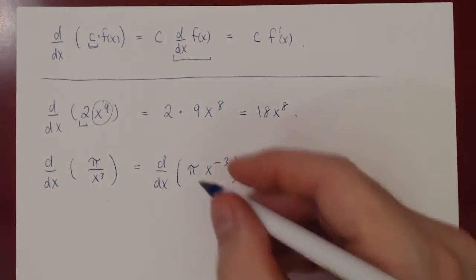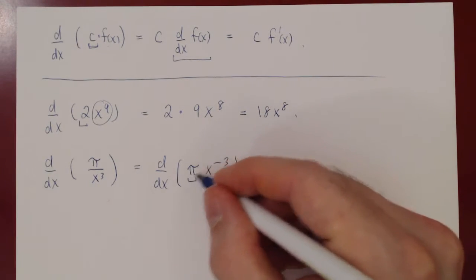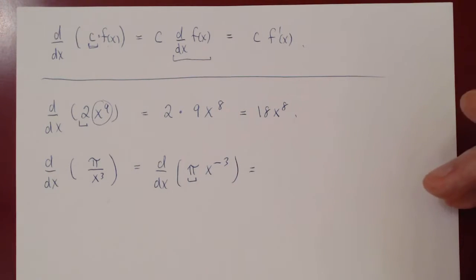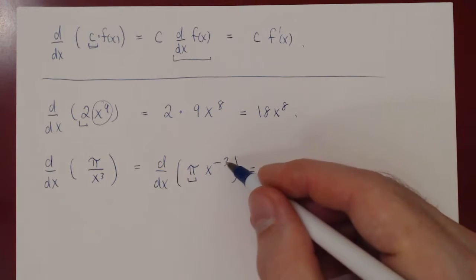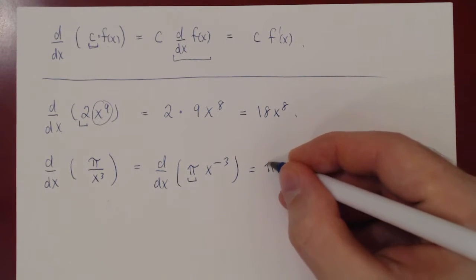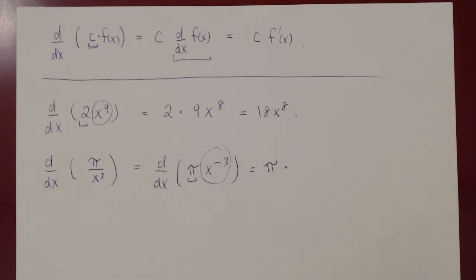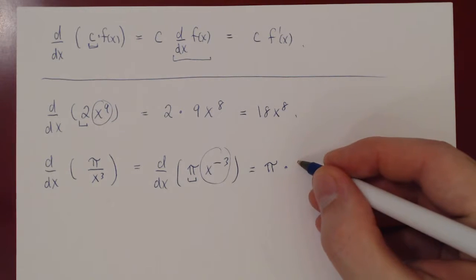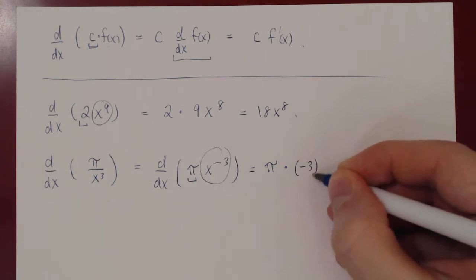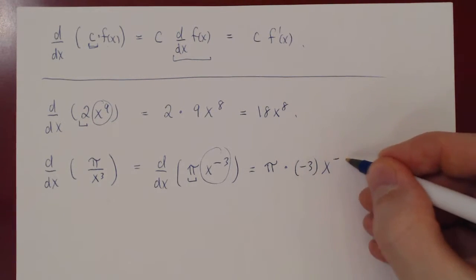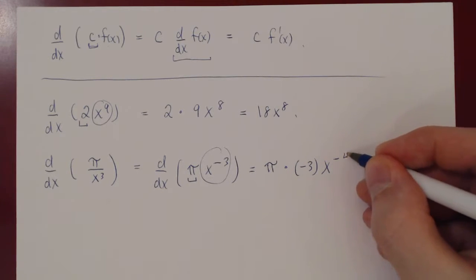And now we're good to go. Pi is a constant multiple, right? It's about 3.14159 times x to the negative 3, so pi stays there, times the derivative of x to the negative 3. Once again, we have x to a fixed power, we can use the power rule. Times, we bring the power down, negative 3, x to the negative 3 minus 1, negative 4.